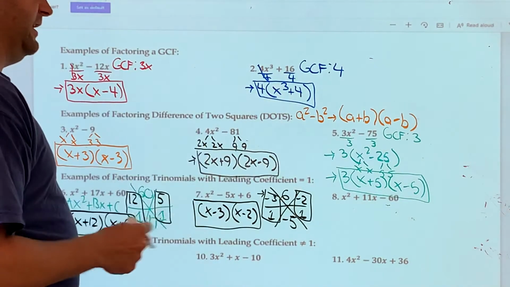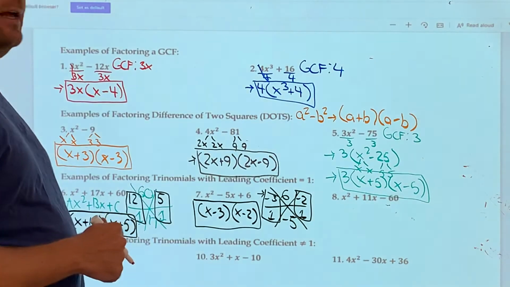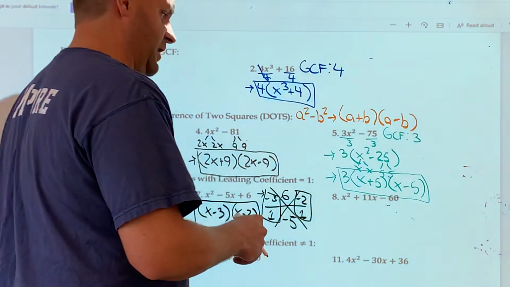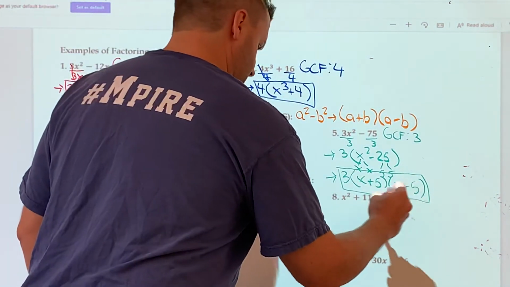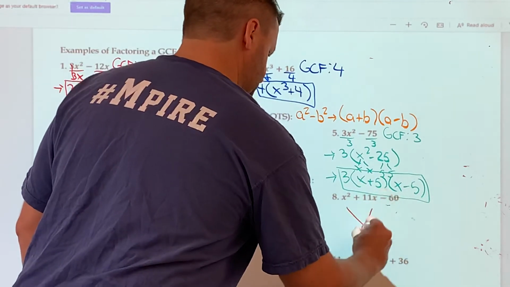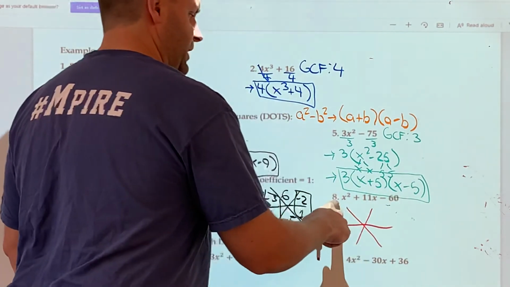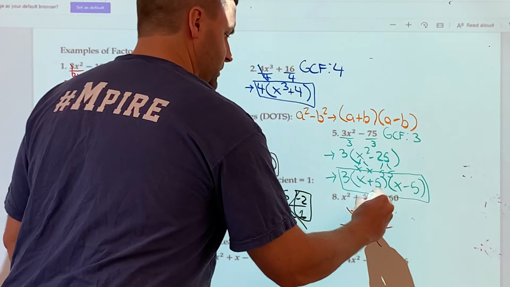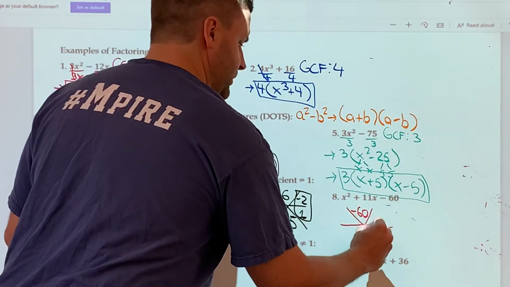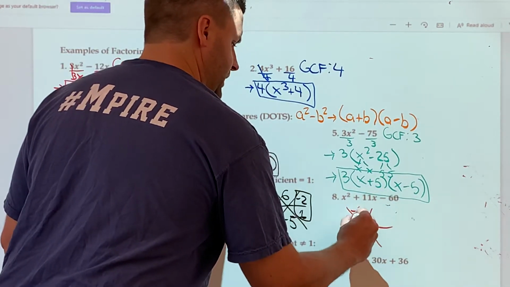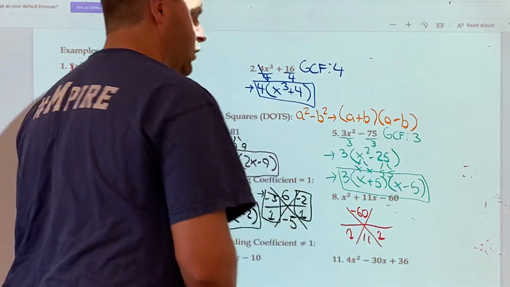All right, let's look at this last one right here. x squared plus 11x minus 60. Again, that's a trinomial, so we're going to go ahead and use the star method. So a times c, negative 60, b, 11, a, 1 and 1.